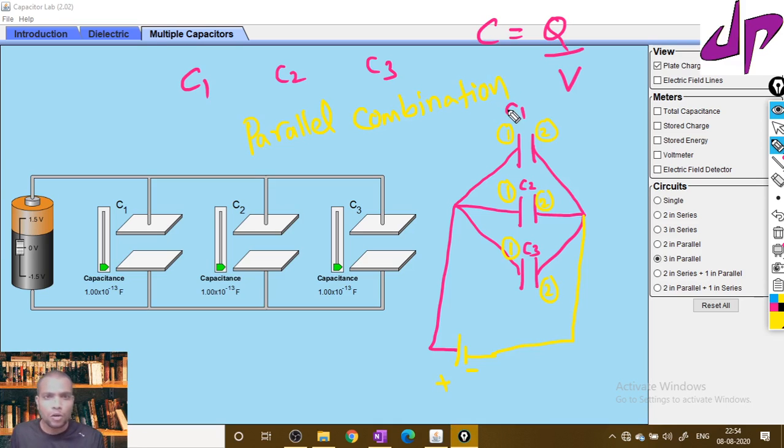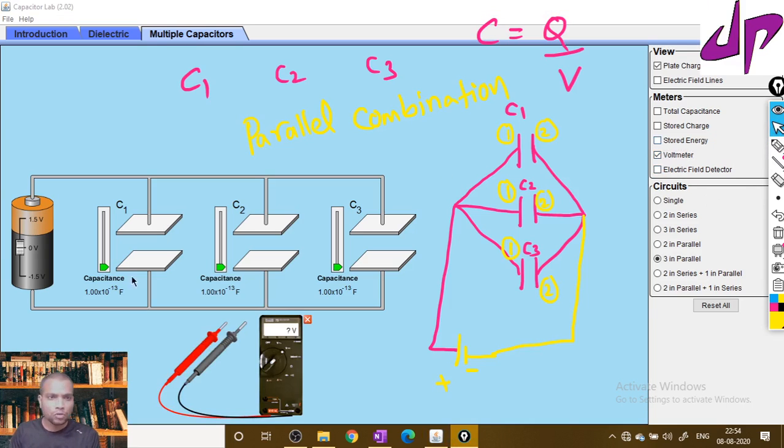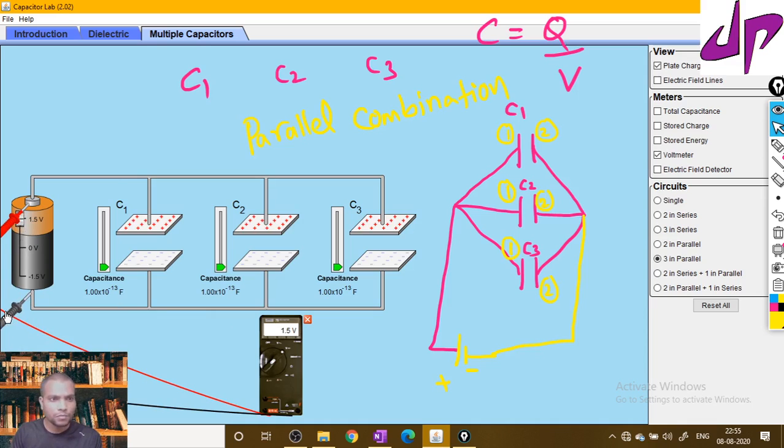Now in a parallel combination, we need to look more carefully at the potential. Let me take a voltmeter and measure at the cell first. The cell's potential difference shows 1.5 volts.